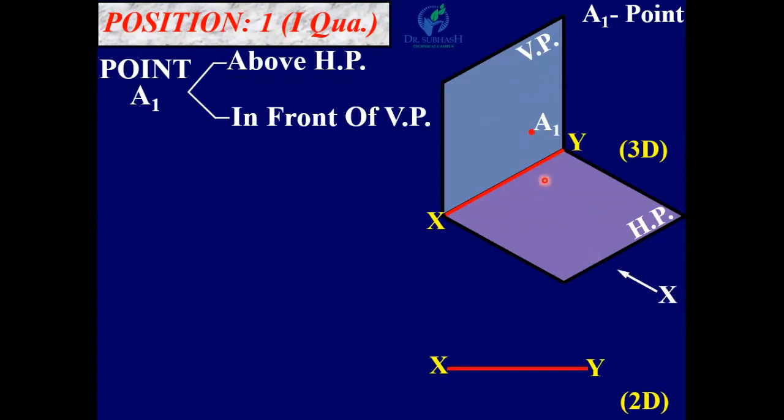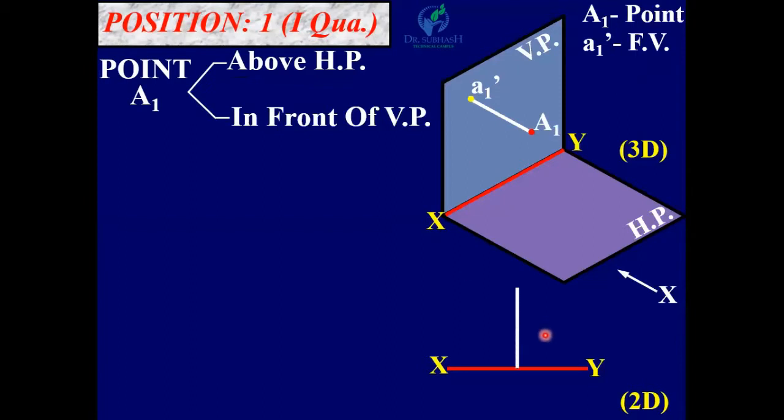The front view of this point A1 is on the vertical plane, on VP. So the projection of A1 on VP is known as the front view. The front view is denoted by a small letter with a dash, so it is denoted by A1 dash and it is on VP.